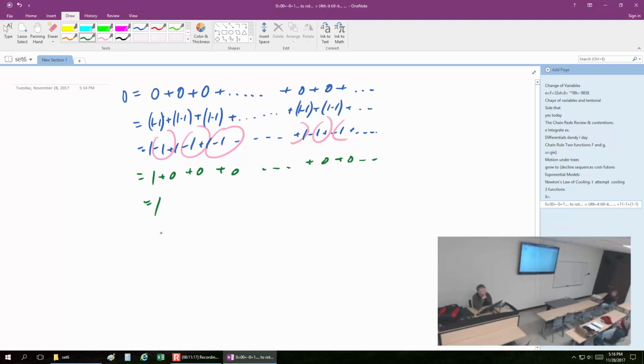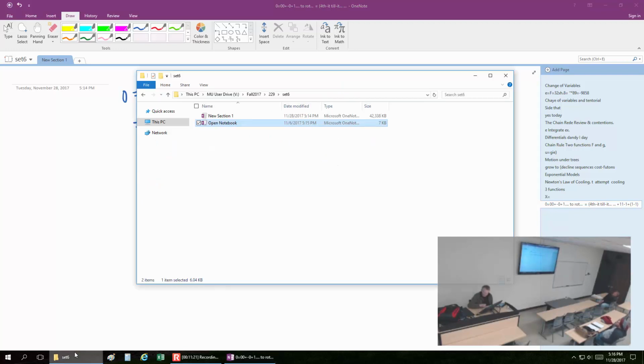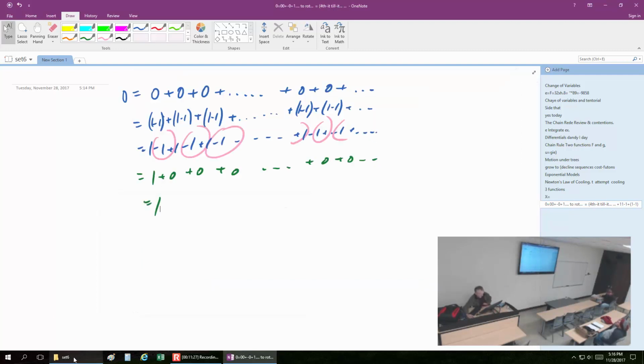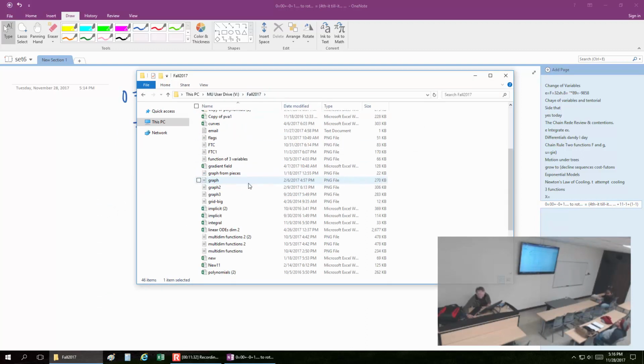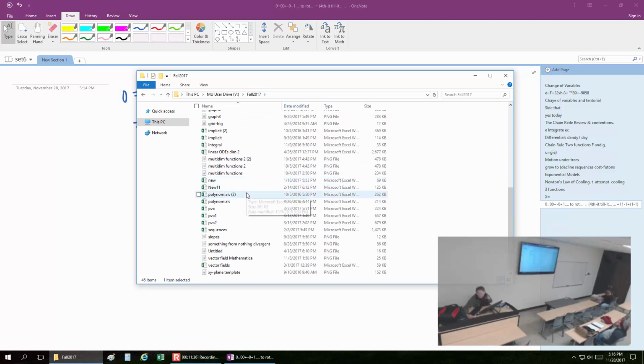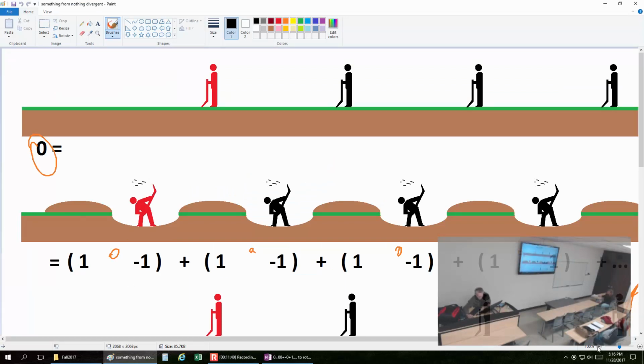Use the example of the people digging holes. Right. Yeah. Okay. Let me, I have that. Still have that picture somewhere. I don't remember what it was called. Something from nothing. Okay. Yeah.